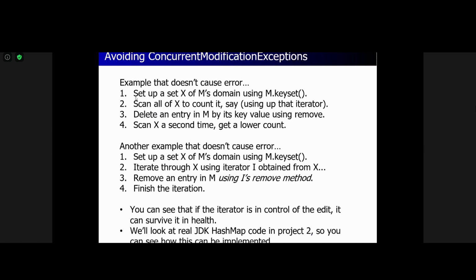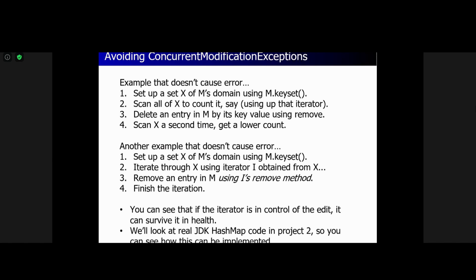So you might worry, oh, well, what can you do then, if you touch anything, it blows up. Well, there are plenty of things that work. Okay, so here's a couple of examples that work. You can set up one set X of maps domain, and then you scan the whole thing to count it, say.